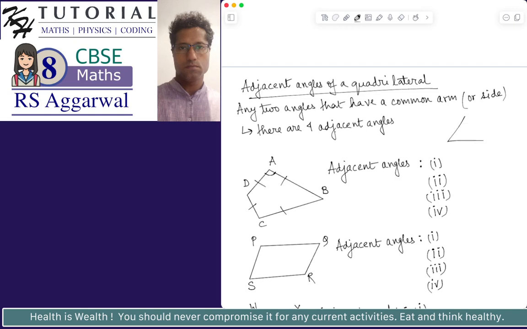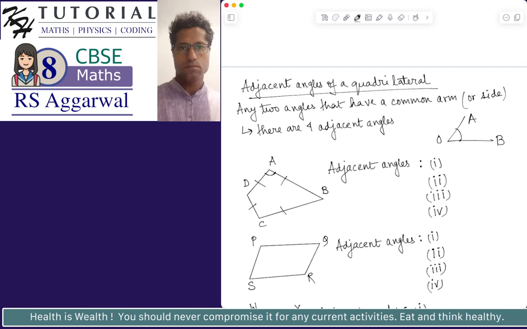So if this is the angle AOB, then OA and OB are the two arms of the angle AOB, and the two arms OA and OB are meeting at the common point O. So this is the definition of an angle. For the quadrilateral ABCD, the angle A is made up of two arms, AD and AB.